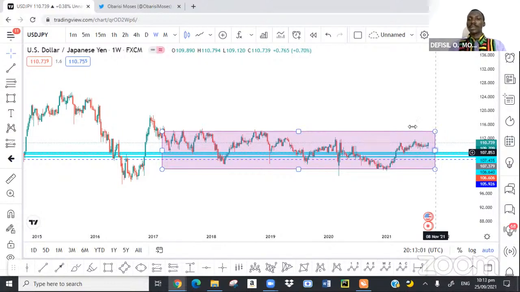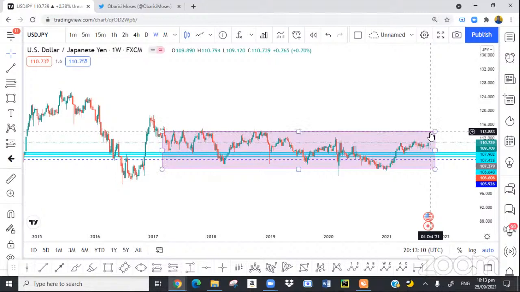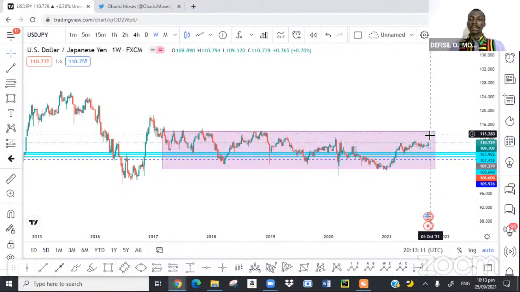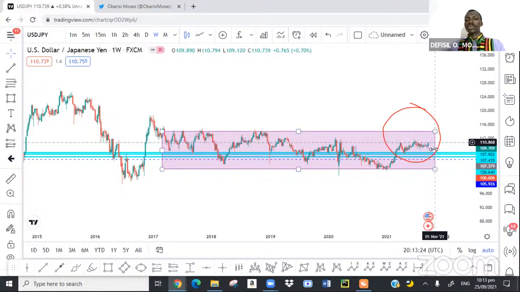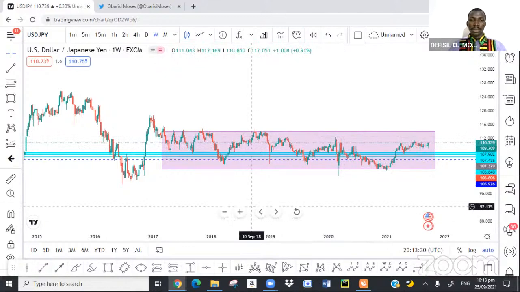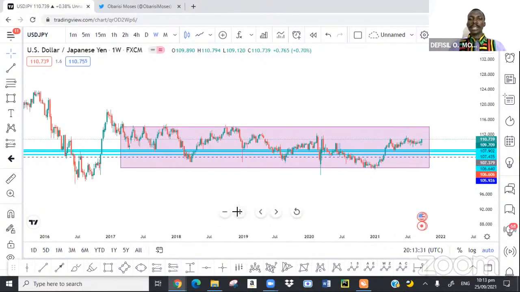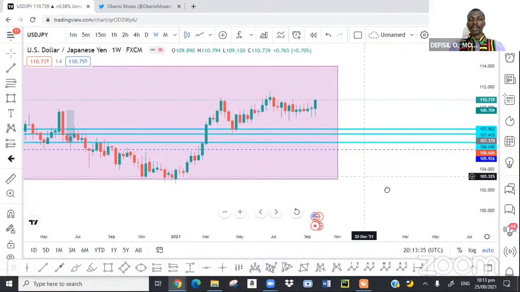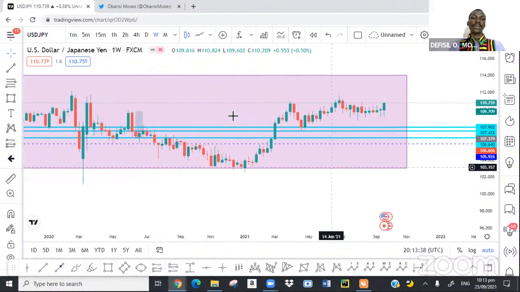This market is getting to the upper part, the resistance part of the range. Jumping in for a sell or a buy at this point is not too advisable. So we zoom out again and look at that area. What is it that can best be done at that area?